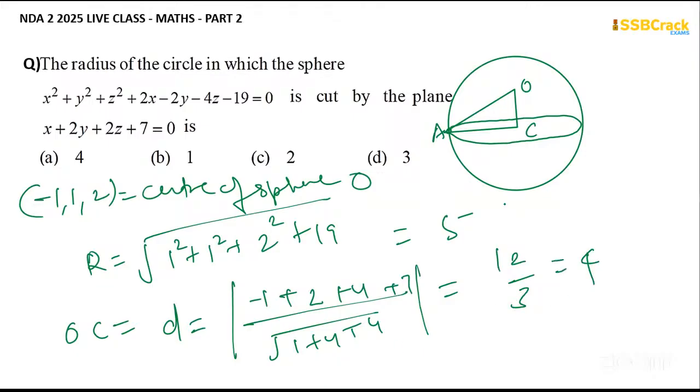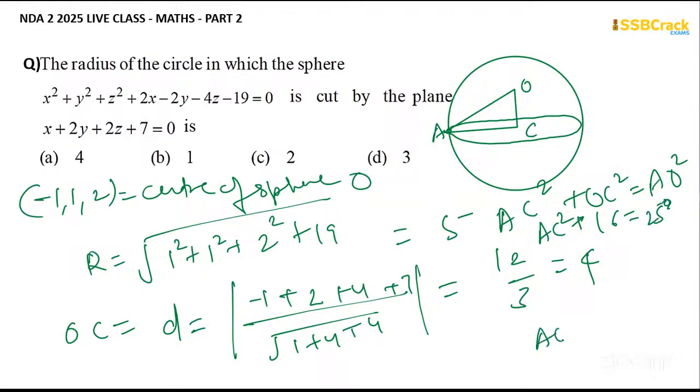By the Pythagoras theorem, AC square plus OC square is equal to AO square. OC square is 16 and AO square is 5 square, which is 25. So AC square is equal to 9, AC is equal to 3, which is option number D.